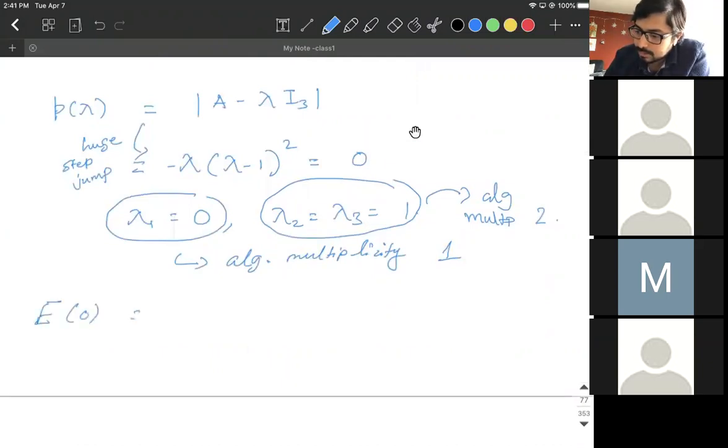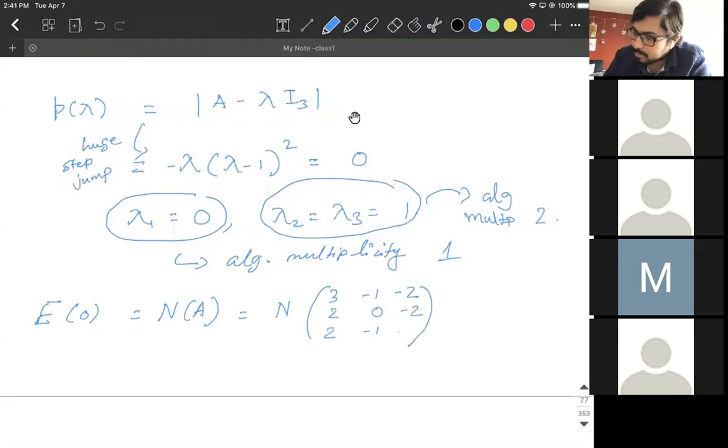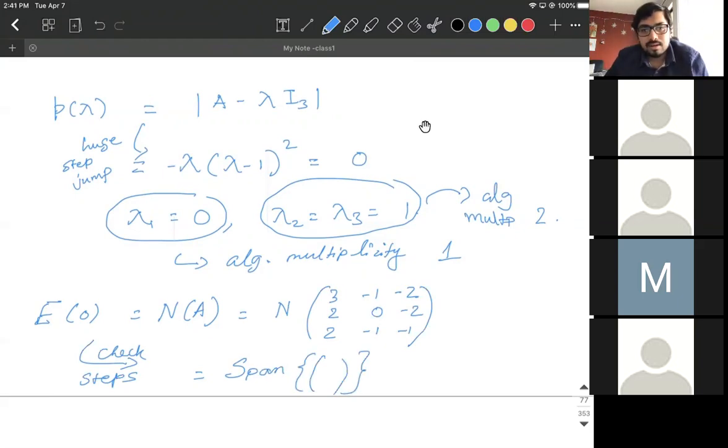So E of 0 is simply the null space of A. So this is the null space of the following matrix, the matrix A, that is, 2 minus 1 minus 1. And once again, check the steps. So this is given by the span of this vector.